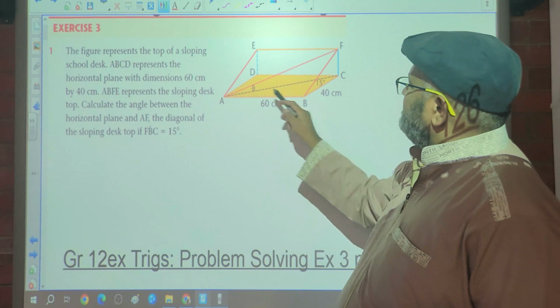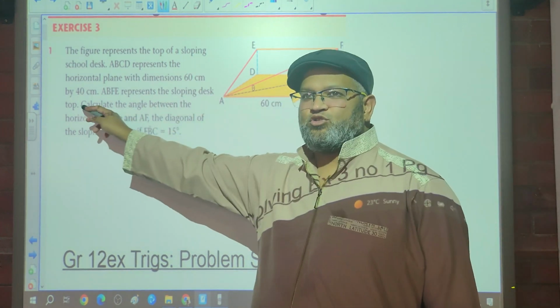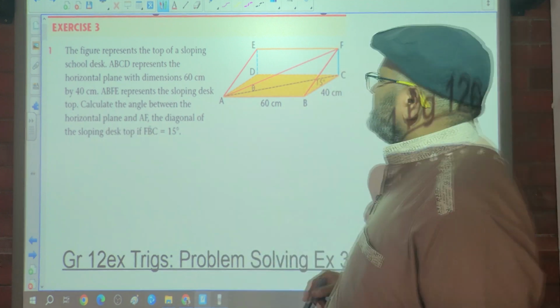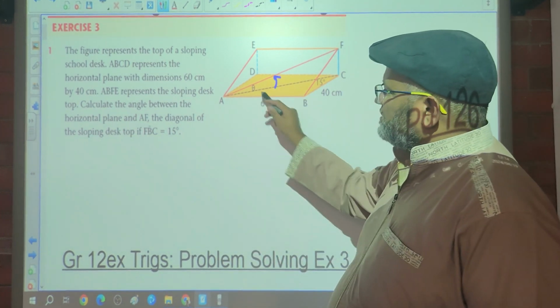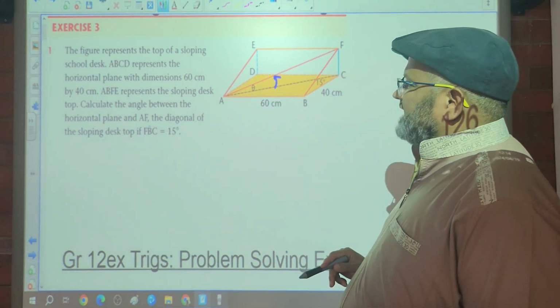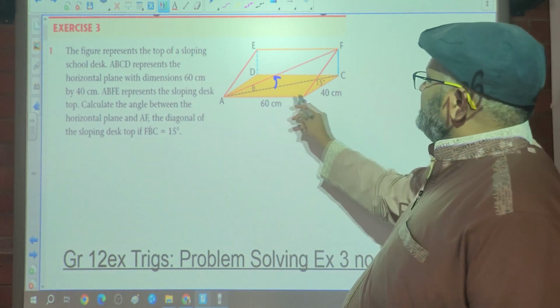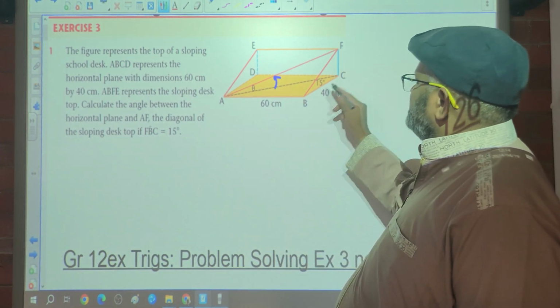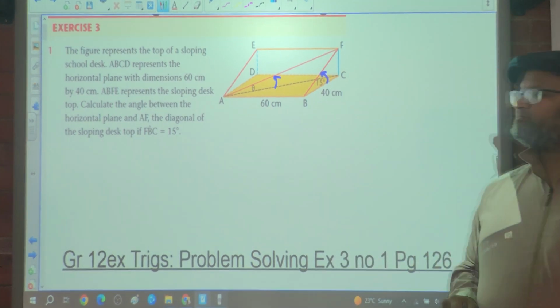ABFE represents the sloping desk top, the top part of the desk. Calculate the angle between the horizontal plane, which is this angle here, and AF, the diagonal of the sloping desk top, if the angle at BC here is 15 degrees.